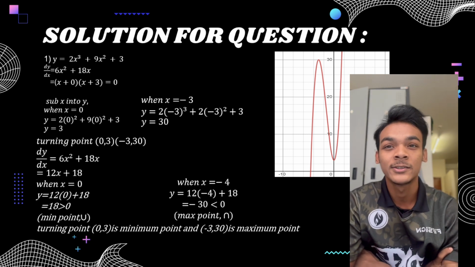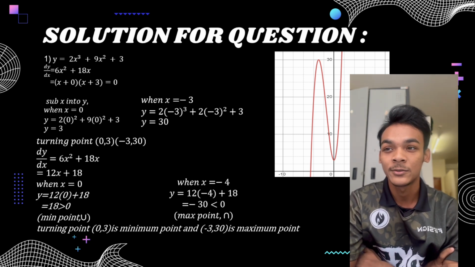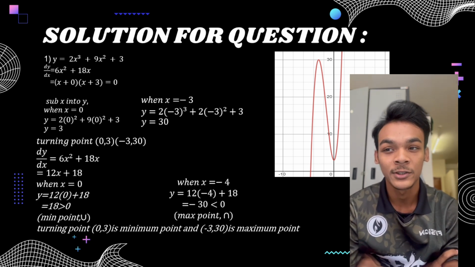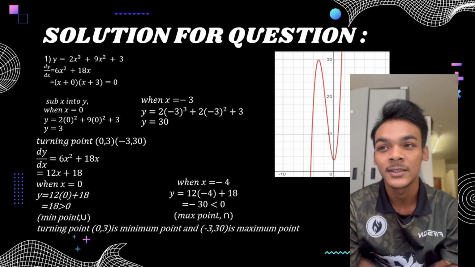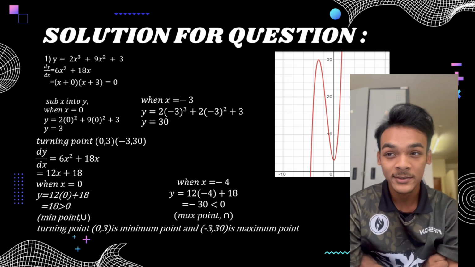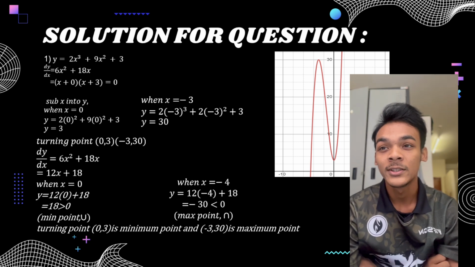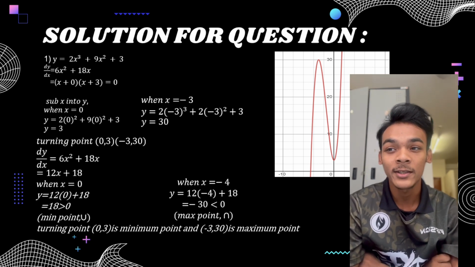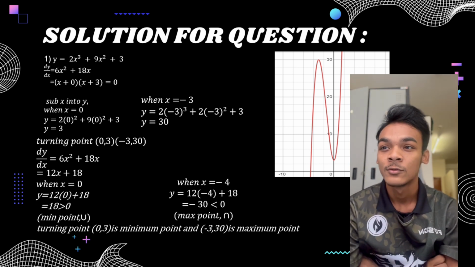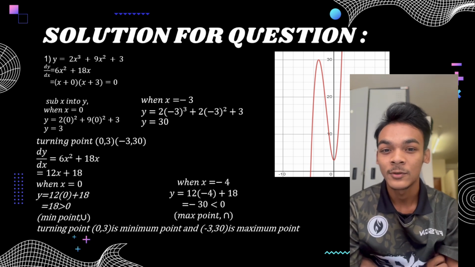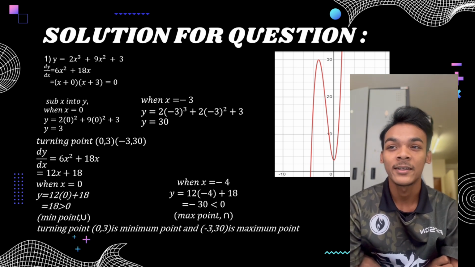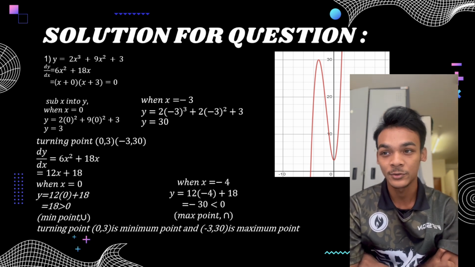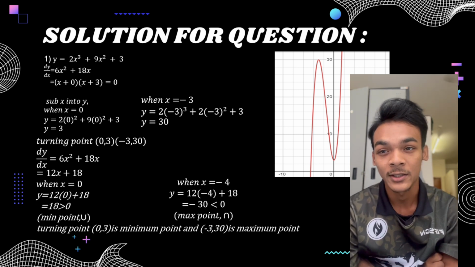We use the factorization method, which gives x = 0 and x + 3 = 0. So we substitute x into y. When x is 0, using the first equation y = 2x^3 + 9x^2 + 3, we get y = 3.